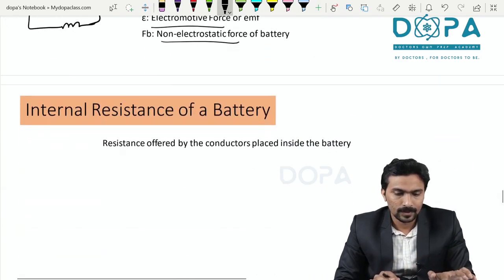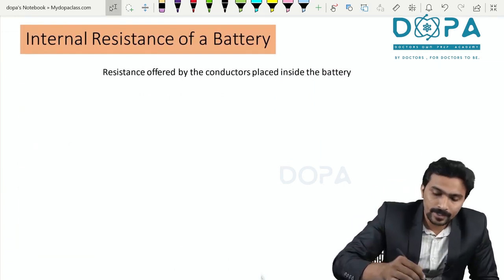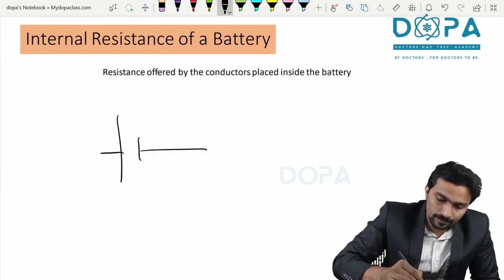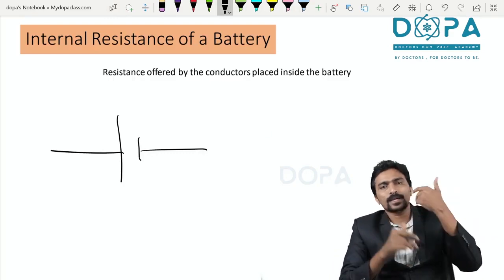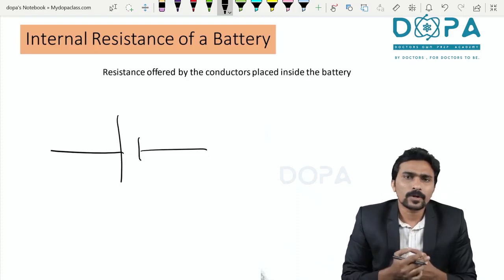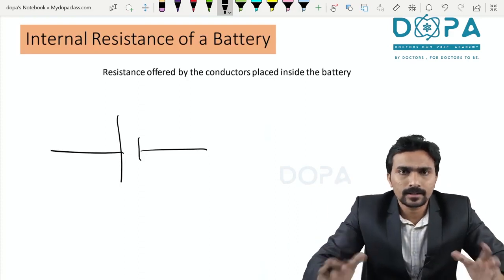Okay, clear? Now one more thing about a battery is its internal resistance. When electrons are moving inside the cell, they will encounter many resistances because there is a lot of material inside the cell.